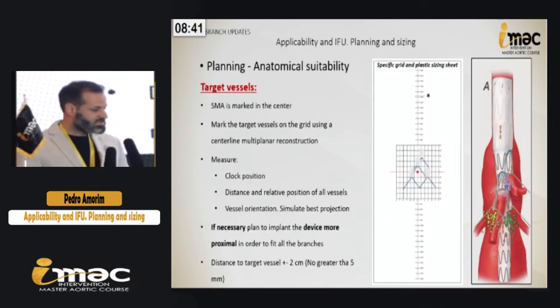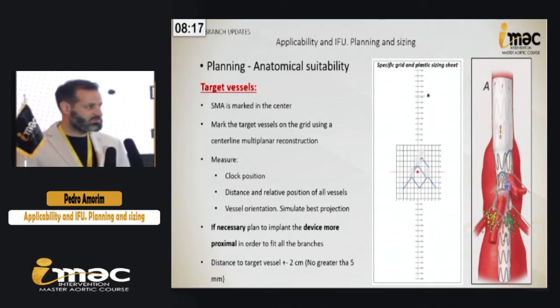In terms of the target vessels, this is a chart, a grid that we can use to help us see if the graft is suitable or not for the anatomy of our patient. We mark with a red dot the marker of the SMA and then the relative position of the other branches of our patient. If we are inside that area, we are okay to use the device.